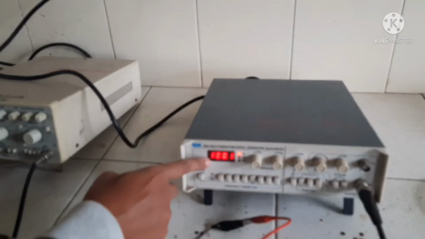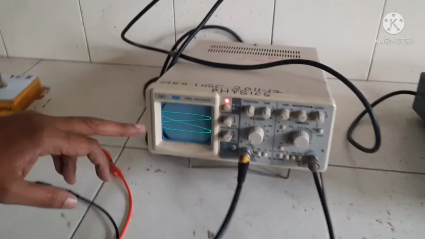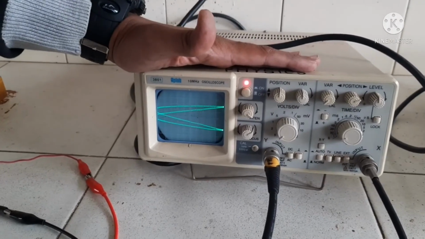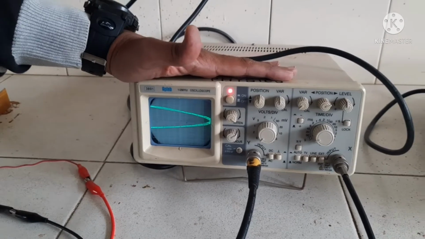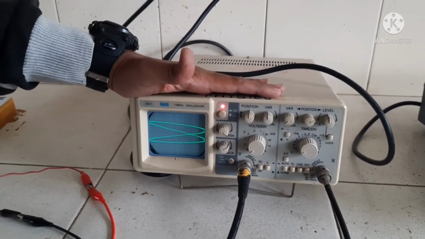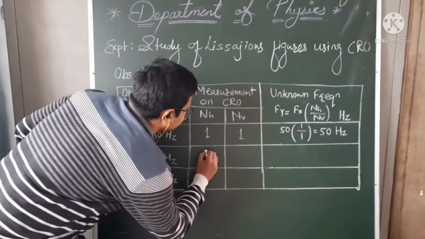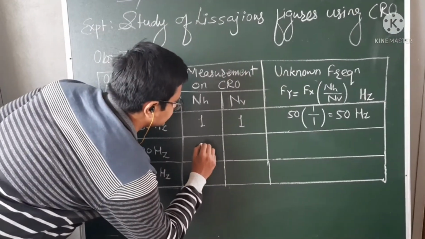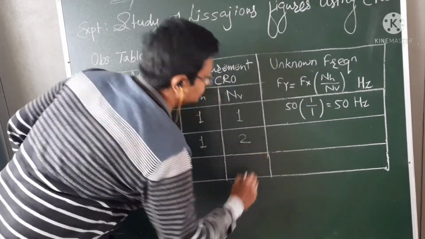Now the applied frequency is 100 hertz. For the application of 100 hertz frequency, we are getting two vertical loops and single horizontal loop. Now we got number of horizontal loops 1 and number of vertical loops 2.